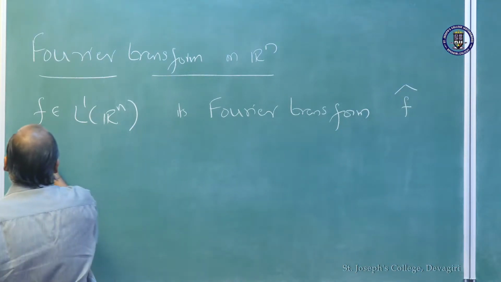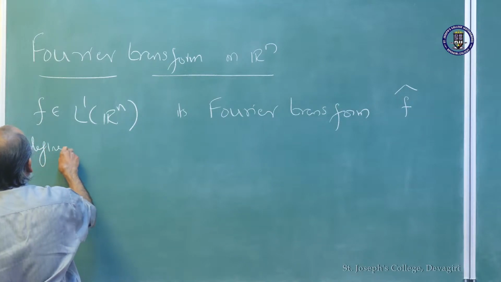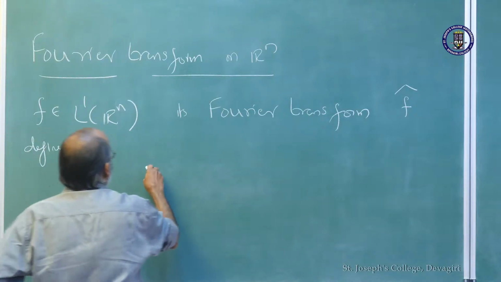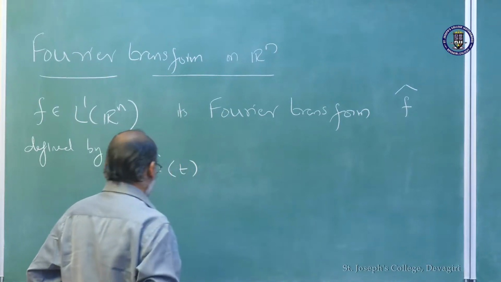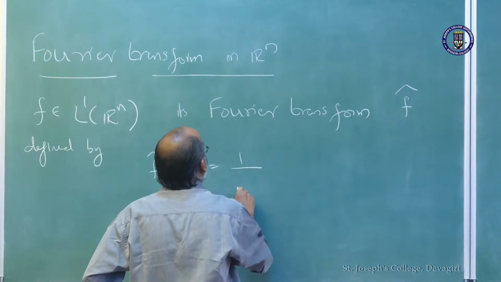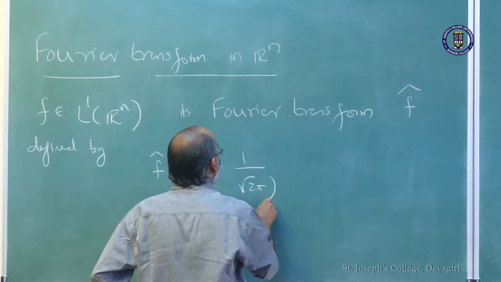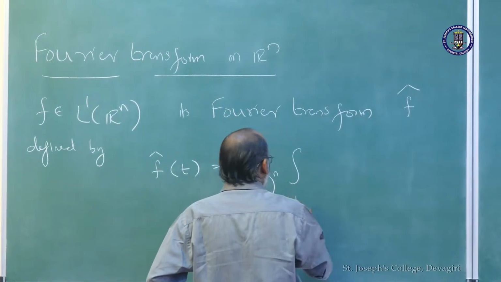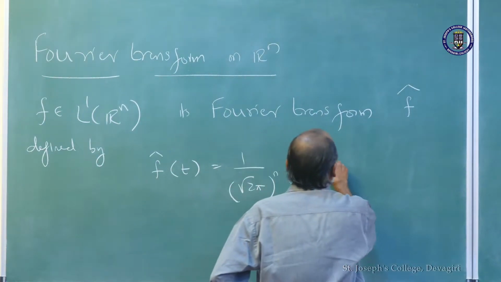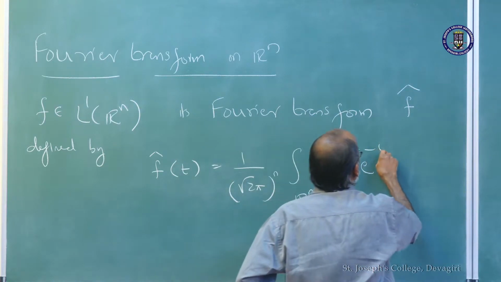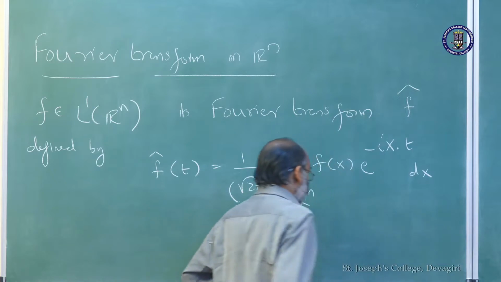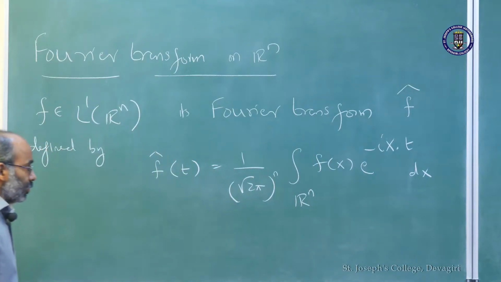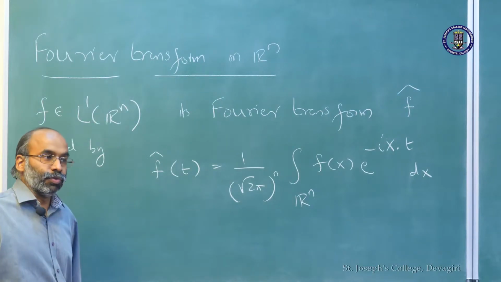So, that is defined by f hat of t equal to 1 by root 2 pi to the n, integral over Rn of f of x e to the minus i x dot t dx. Okay. So, that is the definition of the Fourier transform.